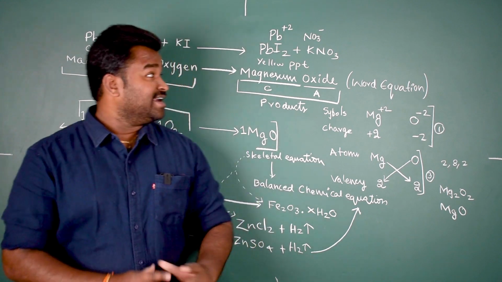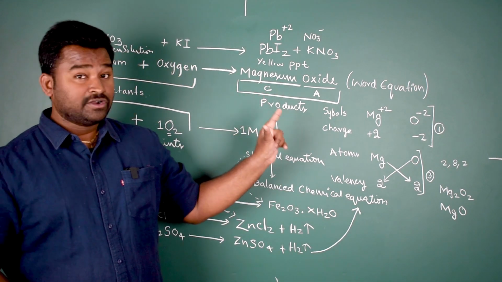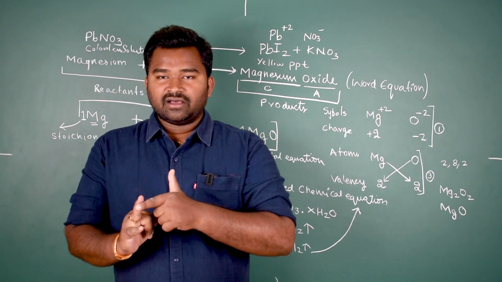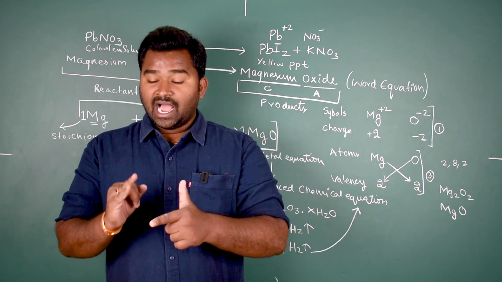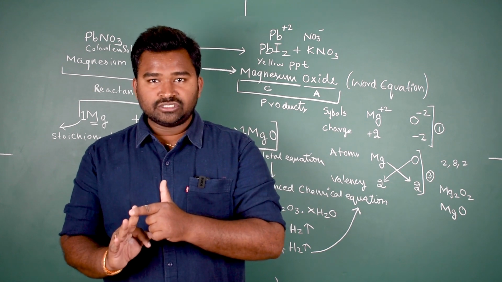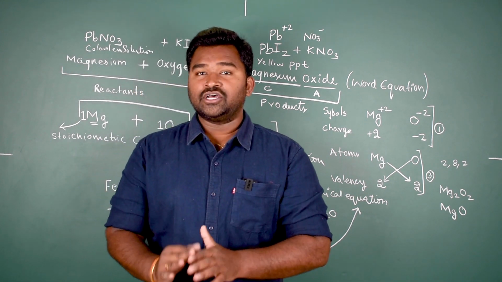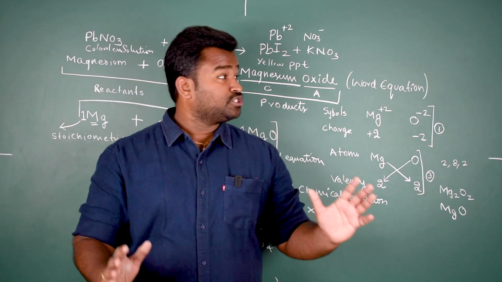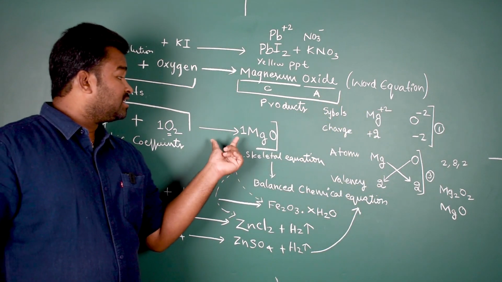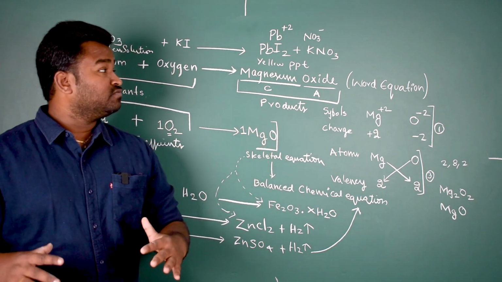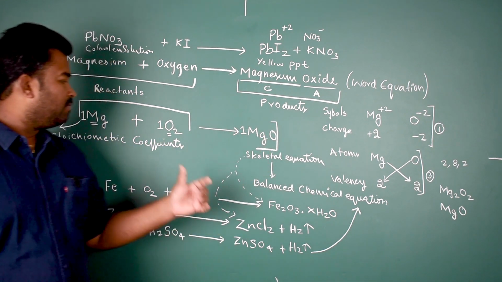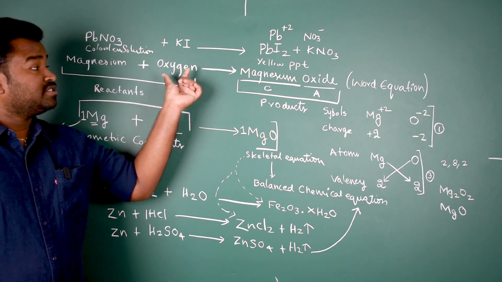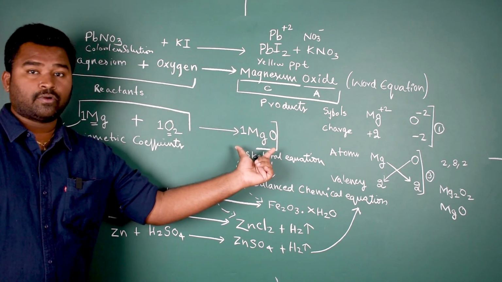Okay, and I hope you understood what is a chemical reaction, what is a chemical change, and how to represent a chemical reaction. In representing the chemical reaction, we have discussed the word equation, and we also saw representing the word equation in the simplest form using the formulae of those substances that are reacting and forming the product.